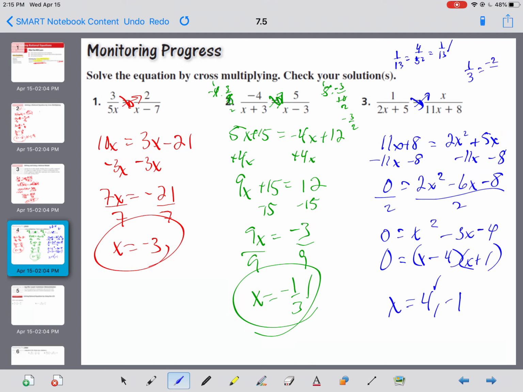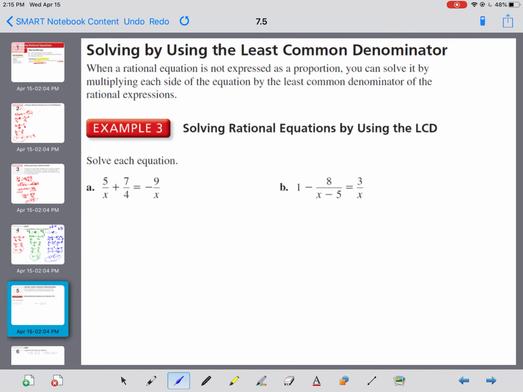So yes, that one checks out. Negative 2 plus 5 is 3. And negative 1 over negative 11 plus 8 is negative 3. Negative, negative makes positive. Checks out. They both check out. We're good to go.